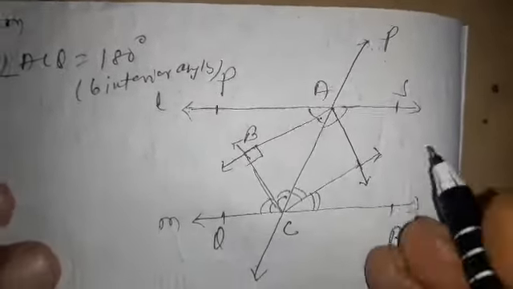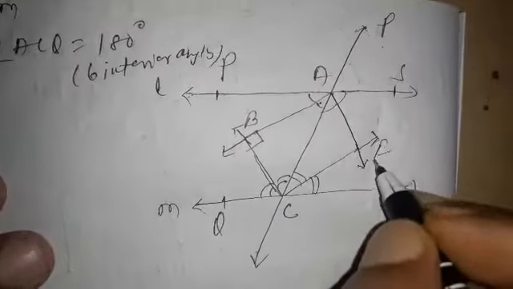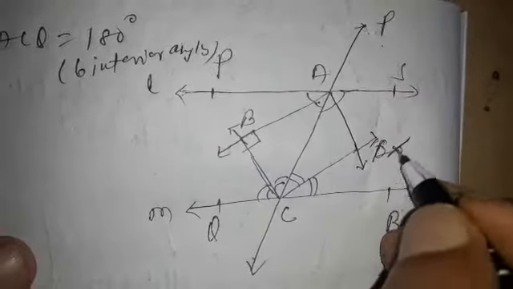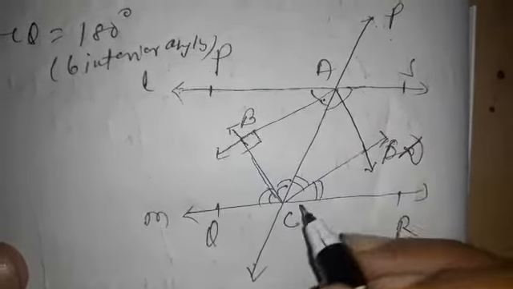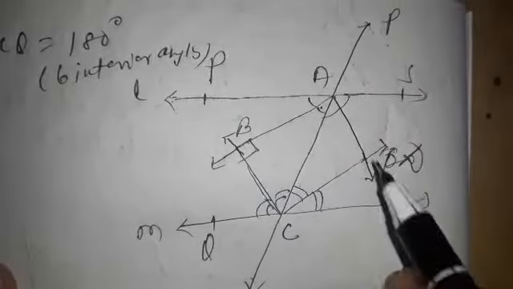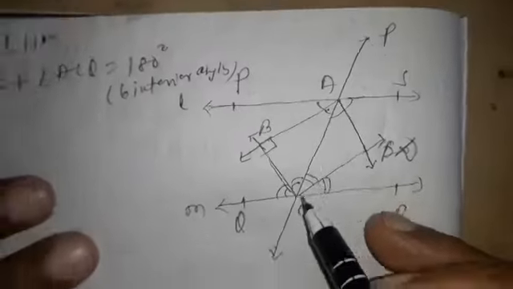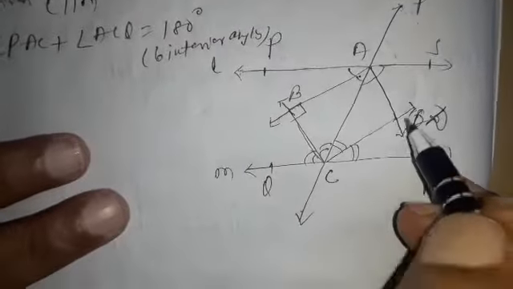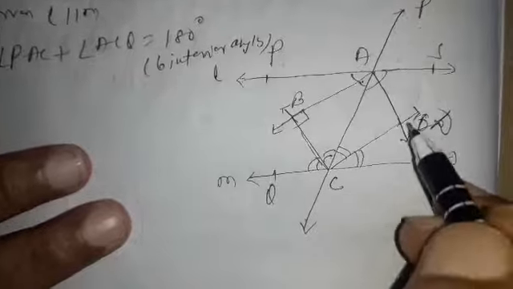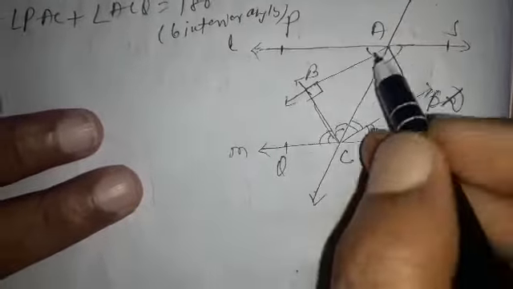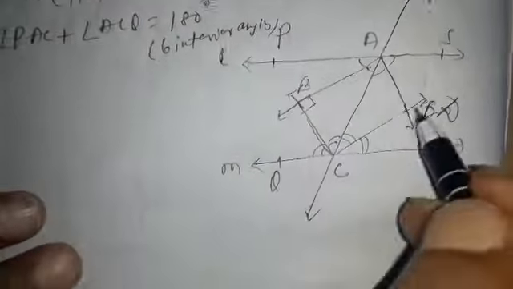Similarly, CD is the bisector of angle ACR and AD is the bisector of angle CAS. This closed figure forms a rectangle. It means each angle measures 90 degrees. We have to prove.